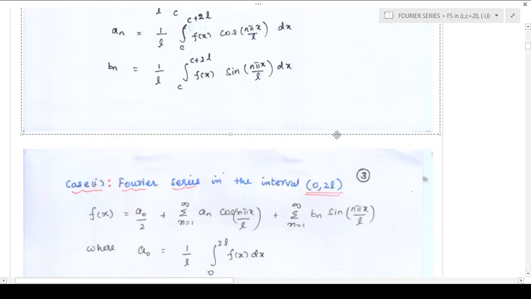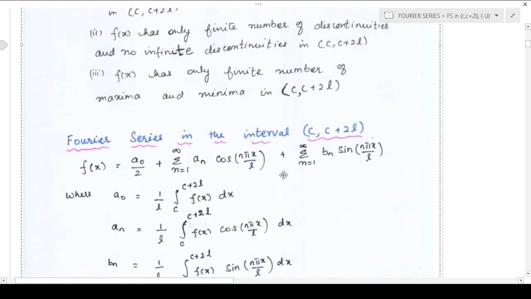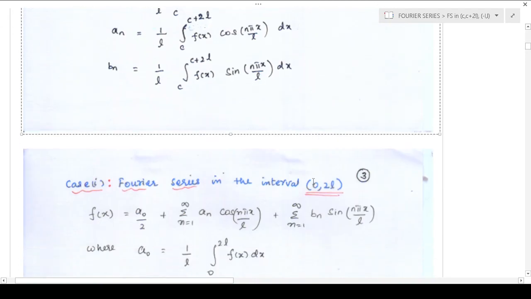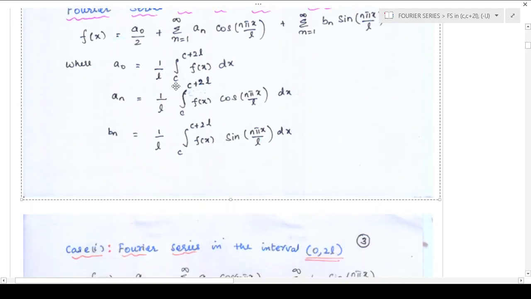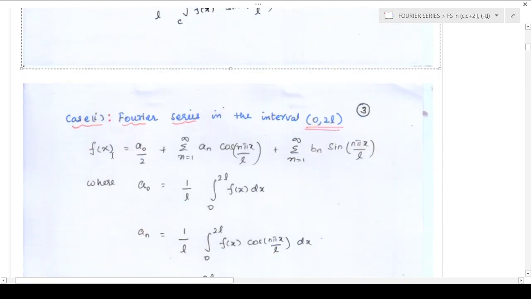Now, the same Fourier series in the interval 0 to 2l. That means your c is 0 here, right? The rest of the things are the same except the limits, which will be 0 to 2l. See here, all the other things are the same. f of x is equal to a naught by 2 plus summation n equal to 1 to infinity a n cos n pi x by l plus summation n equal to 1 to infinity b n sin n pi x by l.